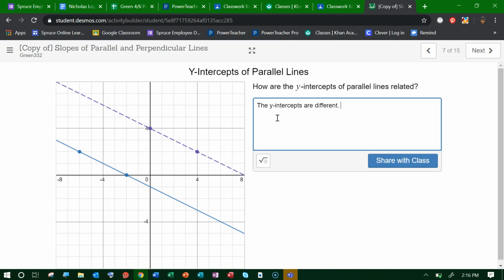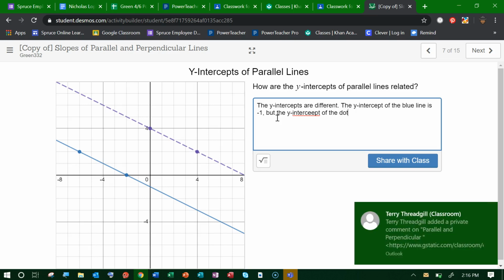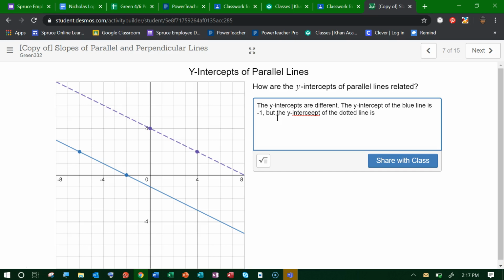Different. For instance, the y-intercept of the blue line is -1, but the y-intercept of the dotted line, sorry about that, I cannot type, is 4.